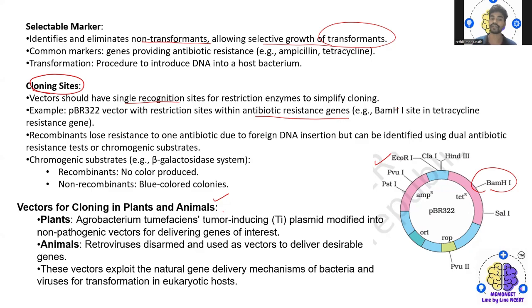Whereas in animals, we have retroviruses. They are also pathogenic, but are modified to be non-pathogenic and used as vectors to deliver the desired gene. These vectors exploit the natural gene delivery mechanism of bacteria and viruses for transformation in the eukaryotic host.